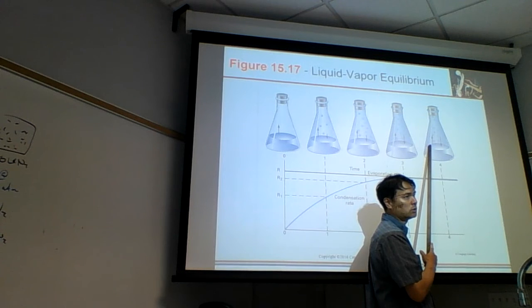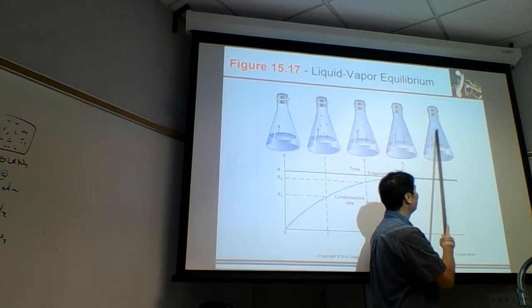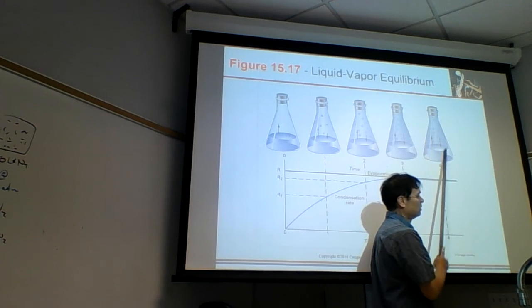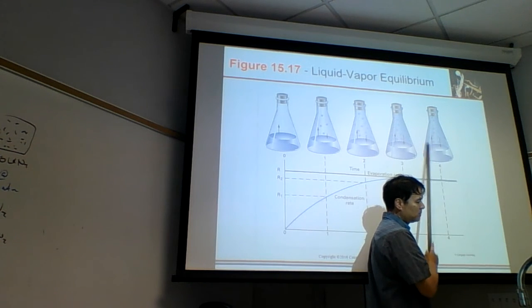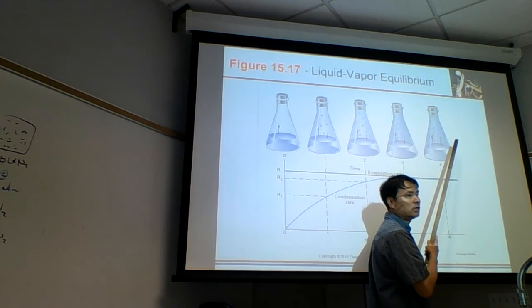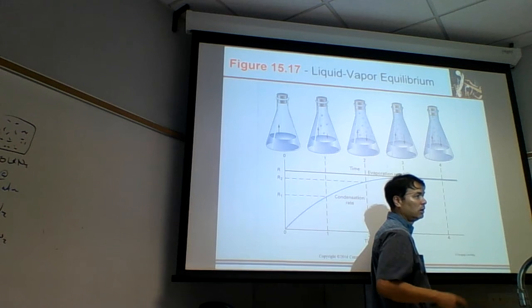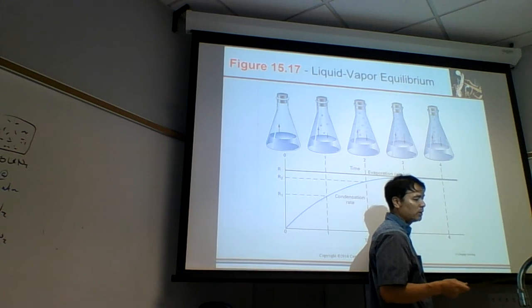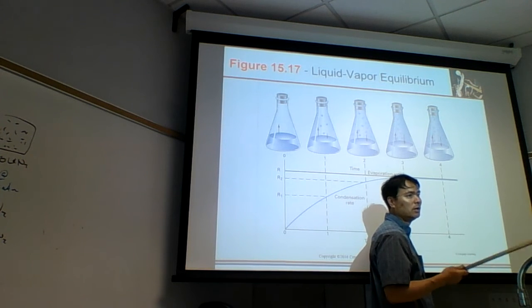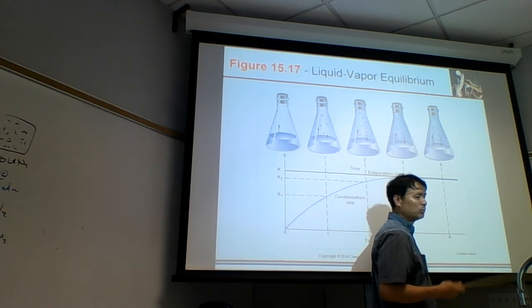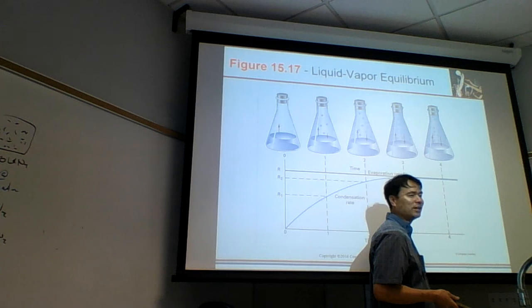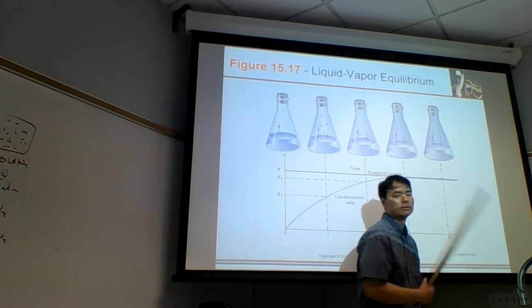It's dynamic at the particulate level because it's happening, but it's just spinning wheels because there's no net change. This is like riding your bicycle with the rear tire lifted off the ground, so you're just spinning your wheels. It's dynamic, the wheel's spinning, but you're not moving anywhere. So you're at equilibrium, dynamic equilibrium.